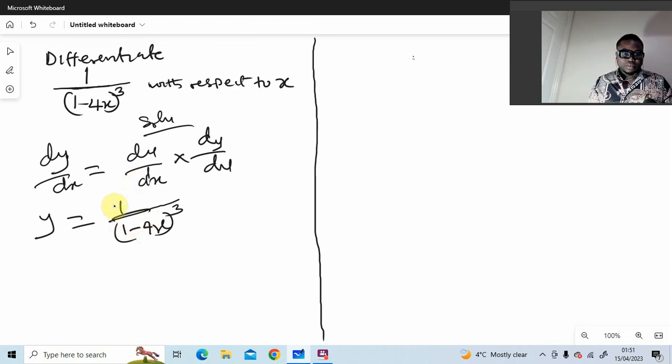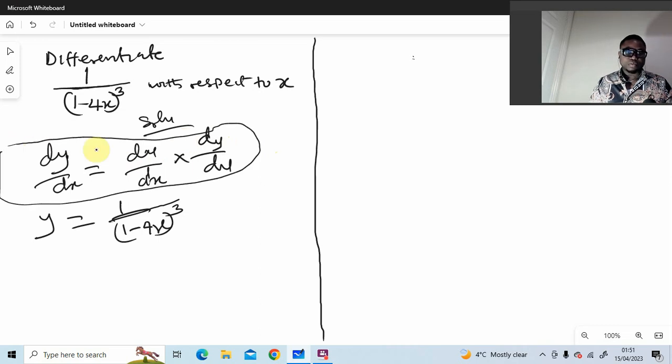In order to shorten it, I decided to introduce a third letter u to make it easy. This is what we call the chain rule, and I'm going to apply this formula to differentiate this function.